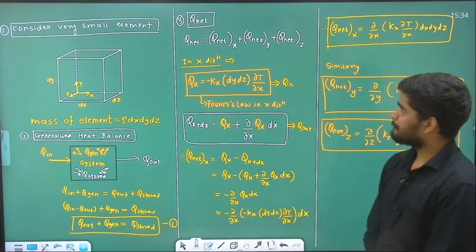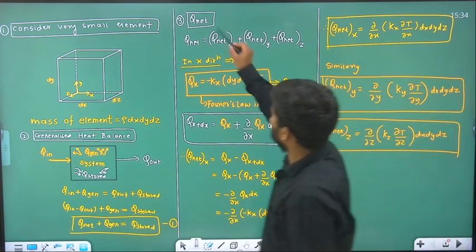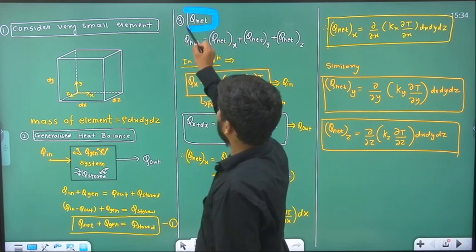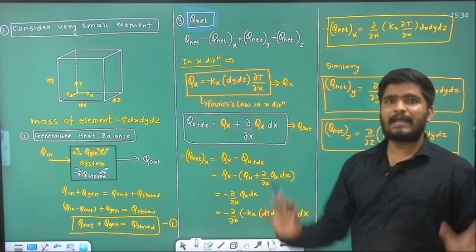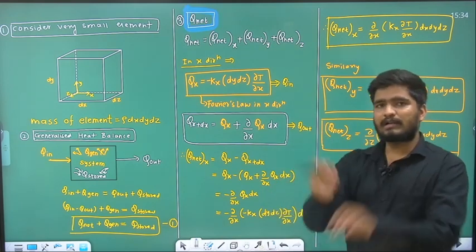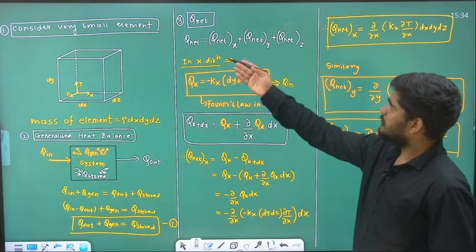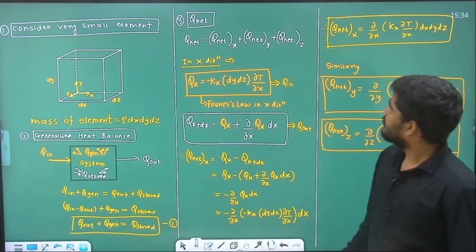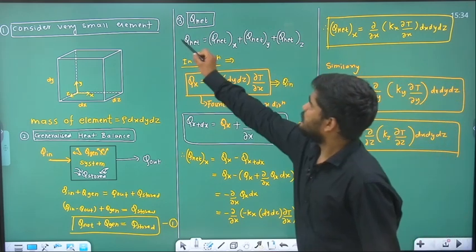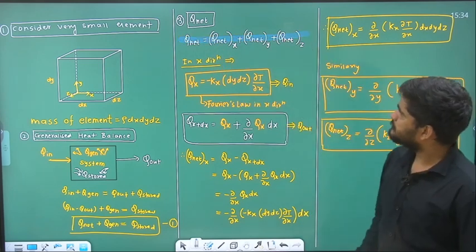Let us proceed. So let us first think of net heat flow in a specific direction, and after that net heat flow considering all the directions. So Q net is equal to Q net in x direction plus Q net in y direction plus Q net in z direction, which is shown here.